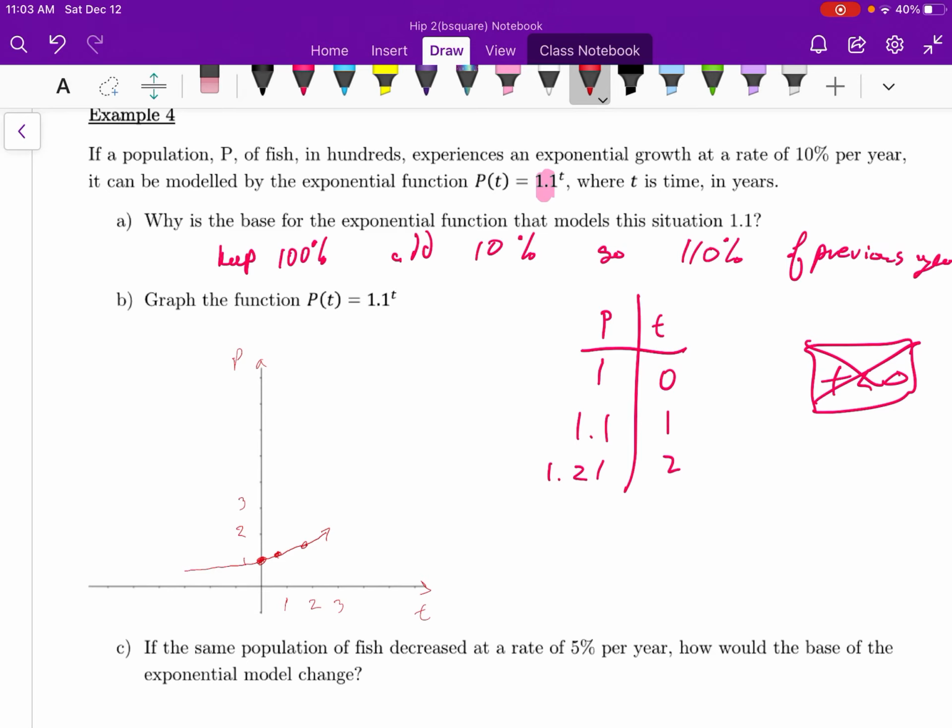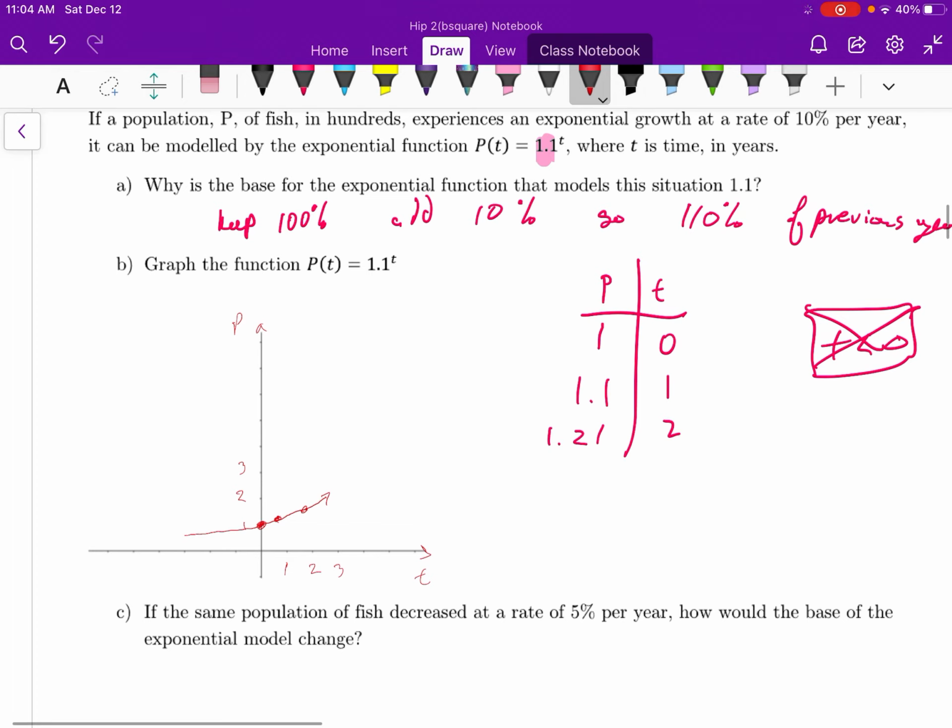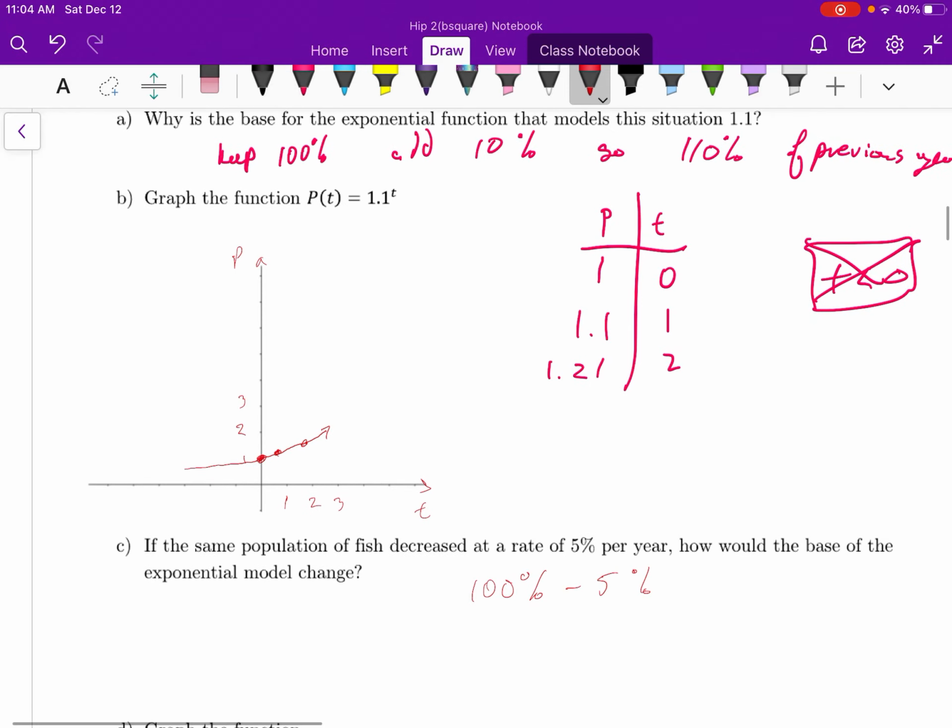Exponents are really powerful. So if the same population of fish decreased by 5% a year, what would be the base? Well, it would be 100% of the total, right? If we move from year 0 to year 1, it would be 100%, but with a decrease of 5%.